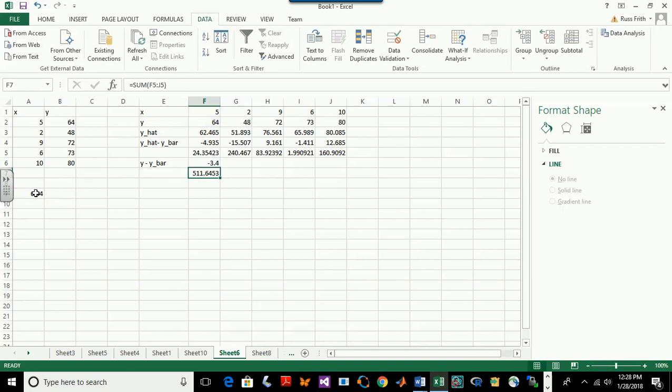Okay, so we have, wait a minute, oops, that doesn't look right. So this would equal y minus, let's see, y bar is 67, right?